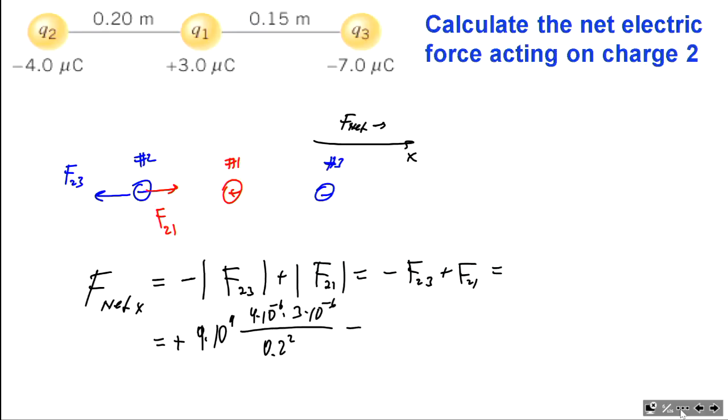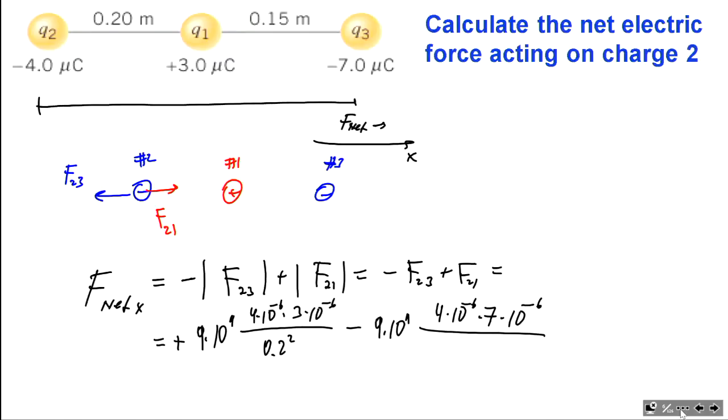Now minus, 2, 3. 9 times 10 to the 9th. Charge number 2 has magnitude of 4 microcoulombs. Charge number 3 has magnitude of 7 microcoulombs. But total distance now between the charges should be equal to the sum of 0.2 and 0.15, which is 0.35 squared. Checking.